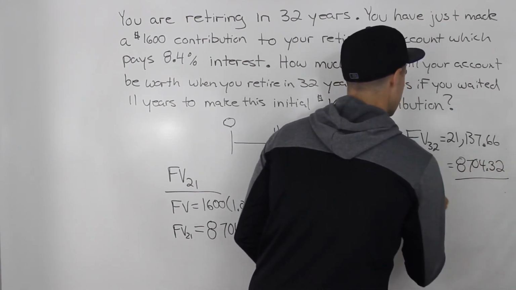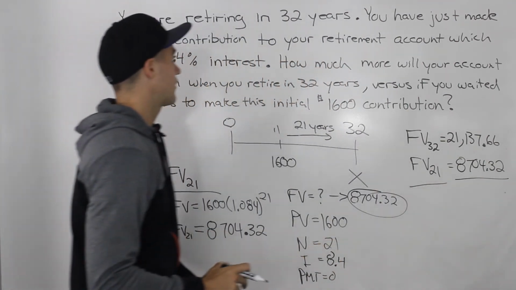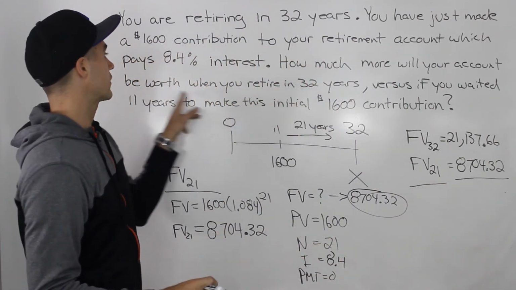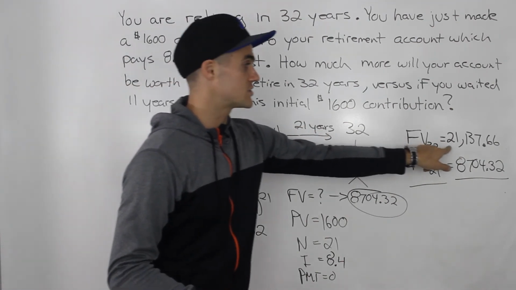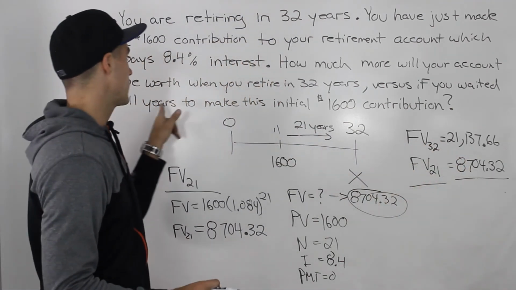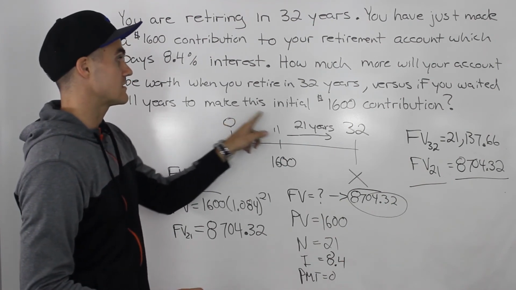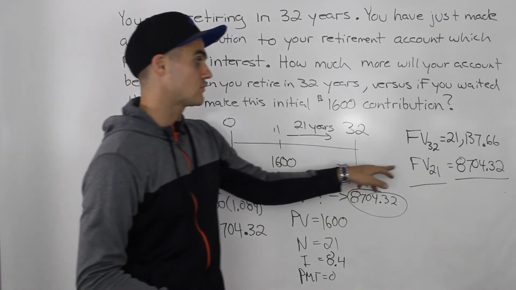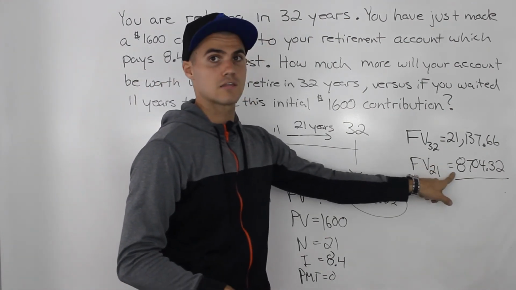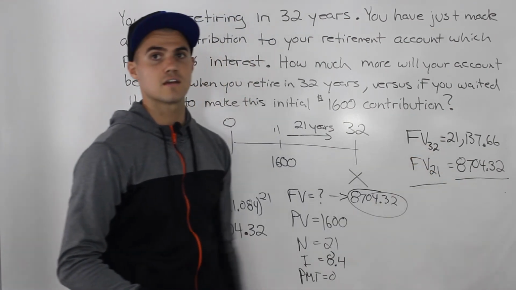And what is the question asking us? They're asking us, how much more will your account be worth when you retire in 32 years, which is this amount, versus if you waited 11 years to make this initial $1,600 contribution. And in that second scenario, the future value of the account is going to be this number here. So we have to take the difference between them.